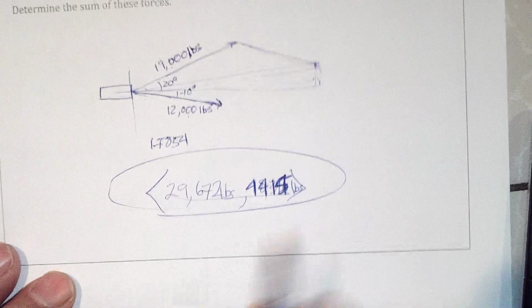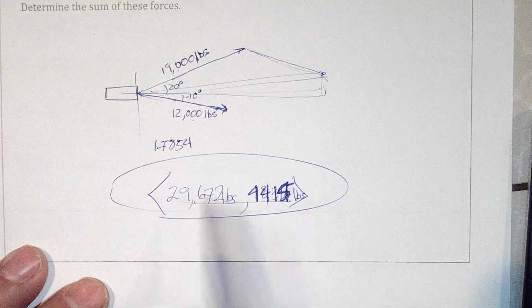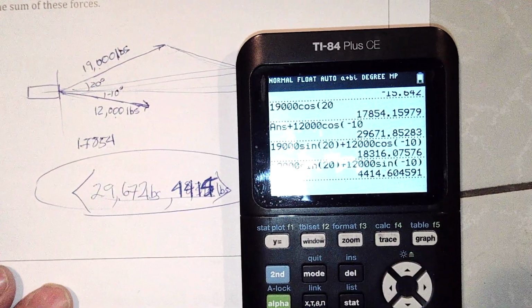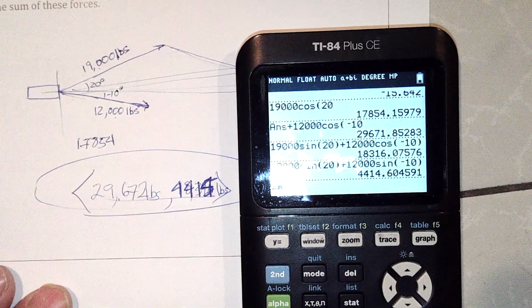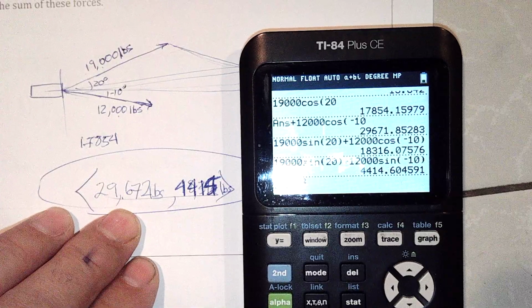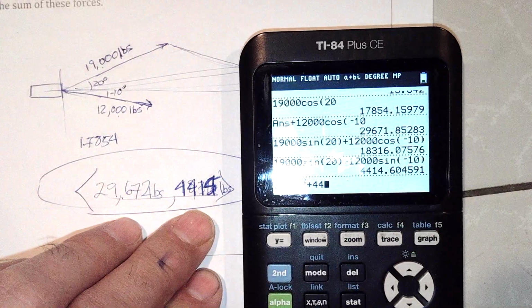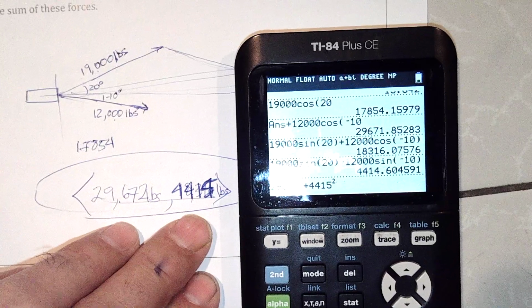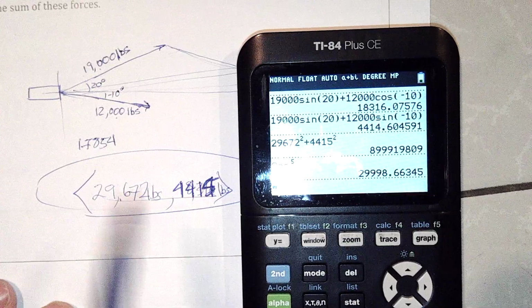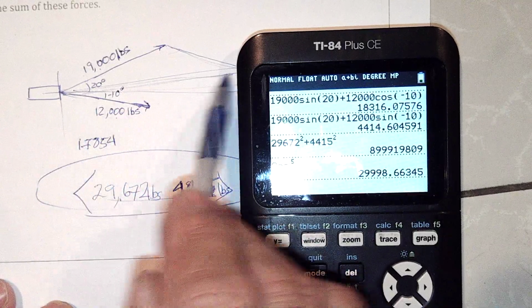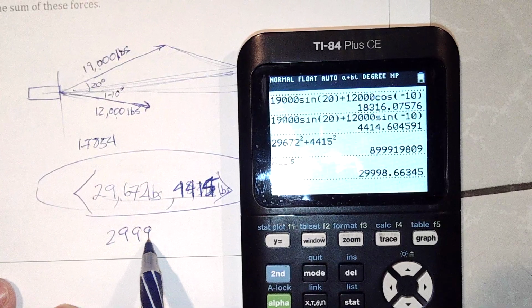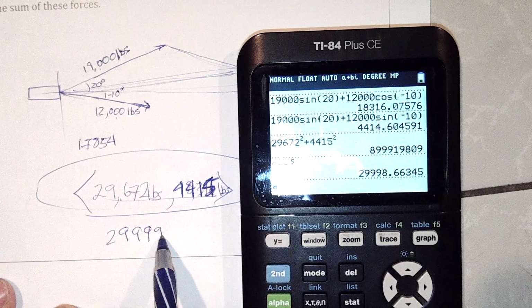Now, if I wanted to put it back in polar form, I would do that squared. So that would be 29,672 squared plus 4415 squared to the 0.5 for the square root, and I get the length of the sum is 29,999 rounded.